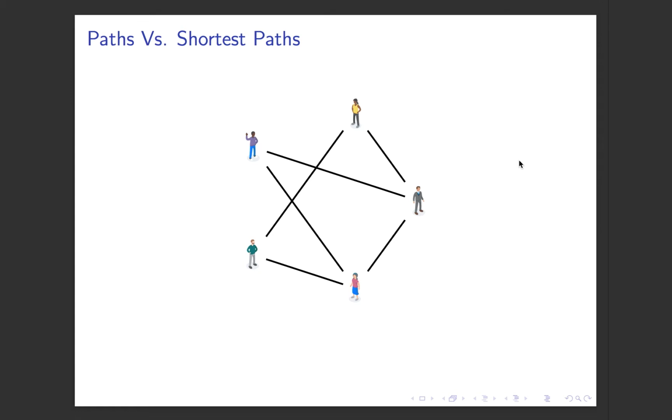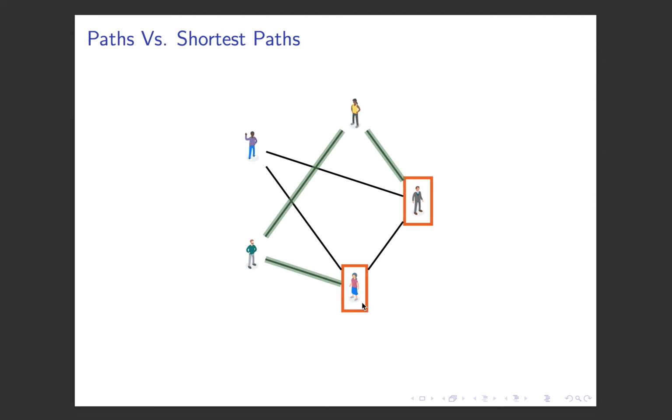Now, there's a difference between paths and what we'll call shortest paths. Suppose you pick any pair of nodes in your network. Here is a path from our first node to our second node. Now we can walk along this edge, and along this edge. So this would have us traverse 3 different edges to get from our first node to our second.